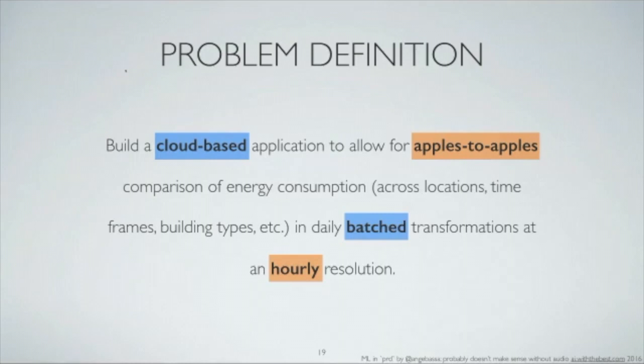Whereas allowing for an apples-to-apples comparison of these buildings algorithmically, that's a research question. And bringing it to an hourly resolution where the industry standard had been daily up to now is also a research question, whereas the manner in which you make these calculations available to the customer is a development problem. So that's why cloud-based and batched are in blue, apples to apples and hourly are in amber.